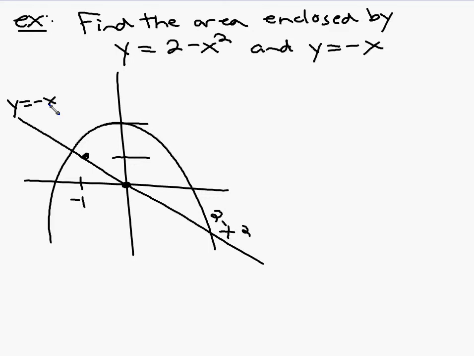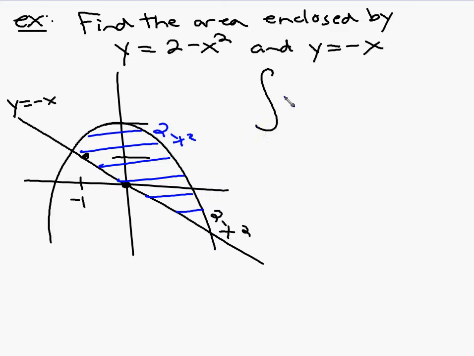So I think you can see the region. Part of the deal on these problems is being able to understand what region I am looking for and which function is on top and which function is on bottom. Isn't it pretty obvious to see which one's on top? In this case, 2 minus x squared is on top. So we can even go ahead and set up our integral.